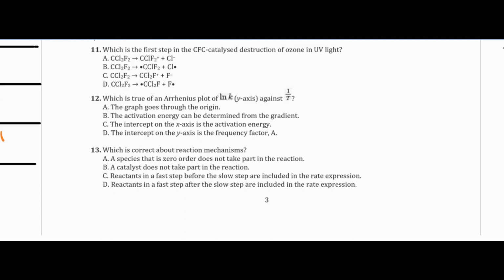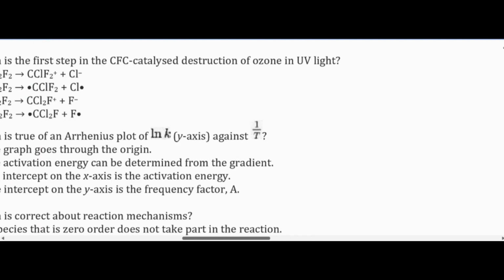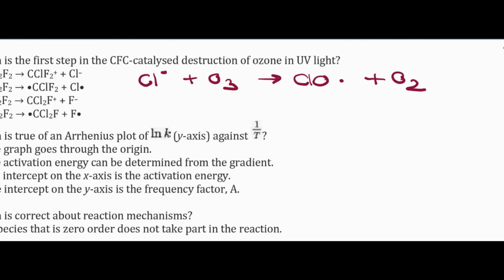So because we're breaking the C-Cl bond, again, we're going to get a chlorine radical, which means this can only be B. What ends up happening to that chlorine radical is... So as you can see, we have that chlorine radical regenerated.